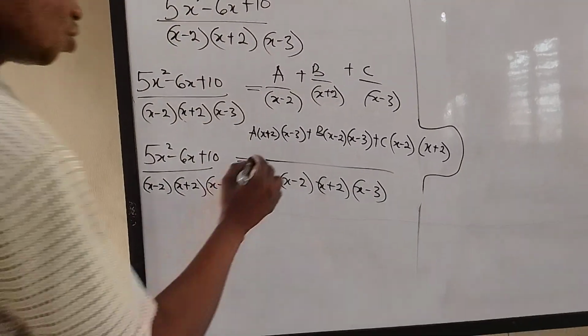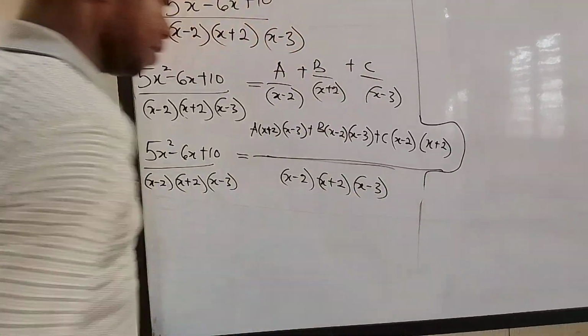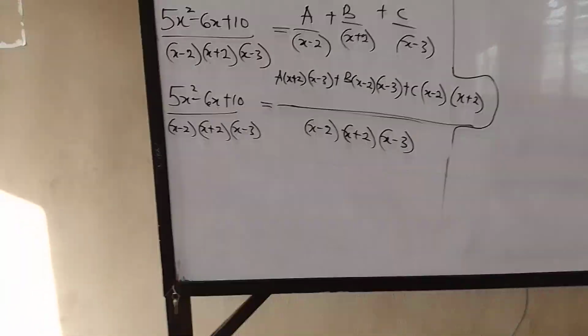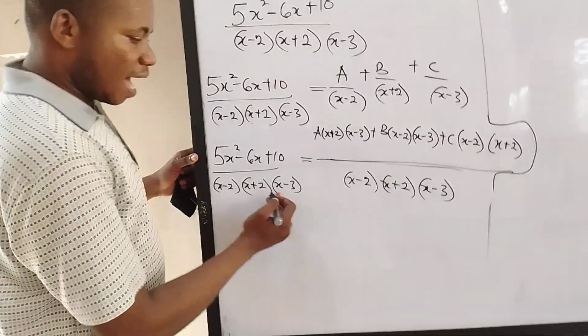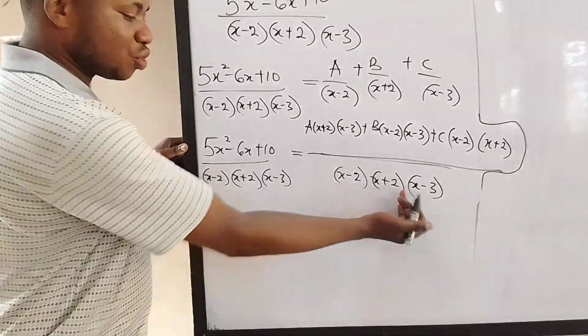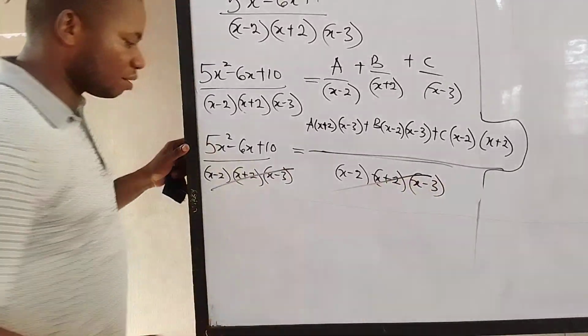Okay? So that is what we are having for this. You find out that this and this, the denominators are the same. So this cancels out this.